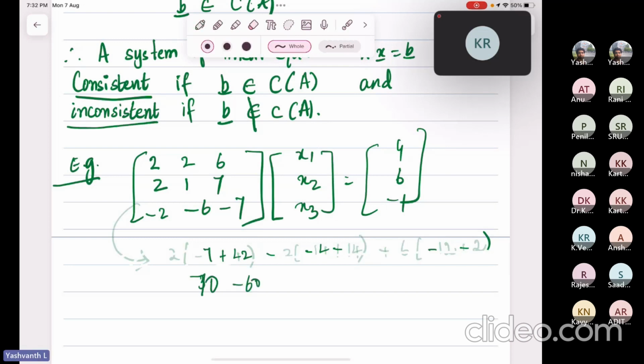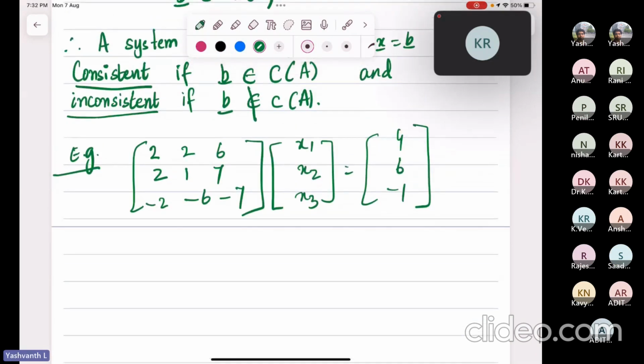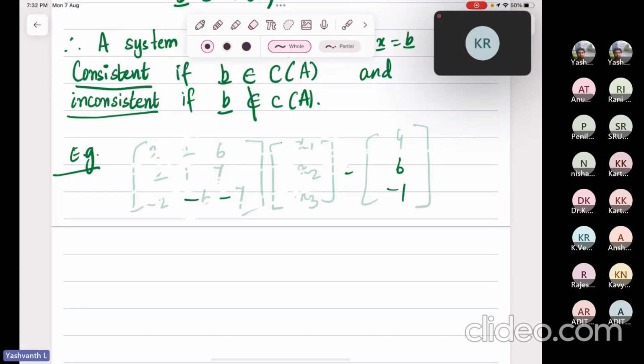Okay. It's not very clear. Let me maybe give another example because this one I need to solve for x and show you.